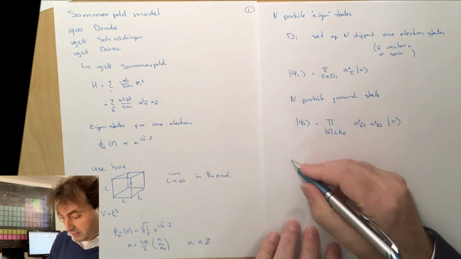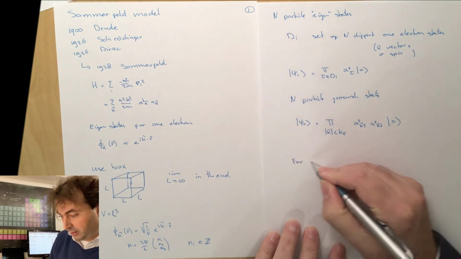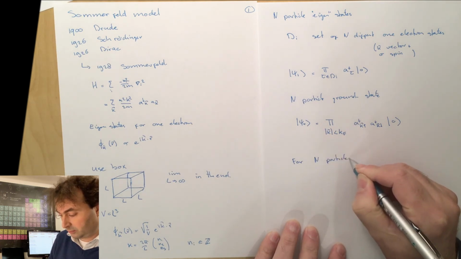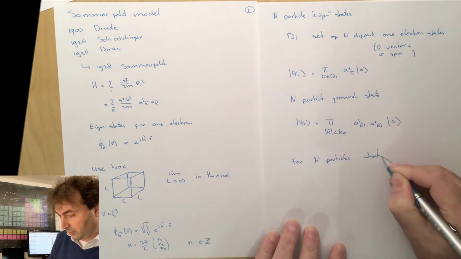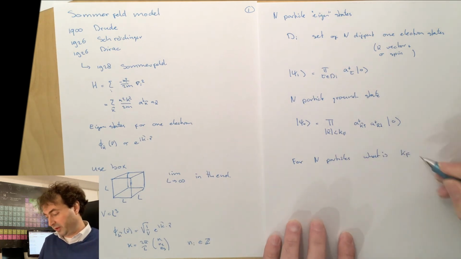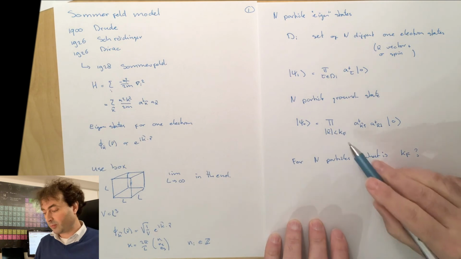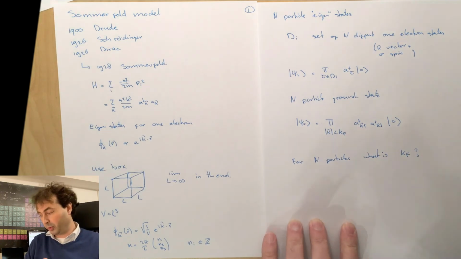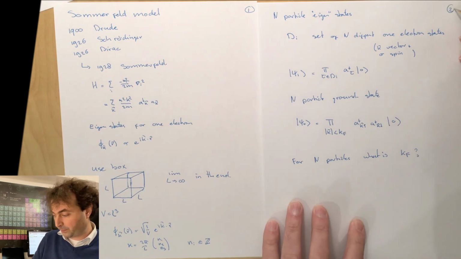But one of the questions that we need to answer is, for n particles, what is the Fermi wave vector, which is the wave vector that separates occupied and unoccupied states.